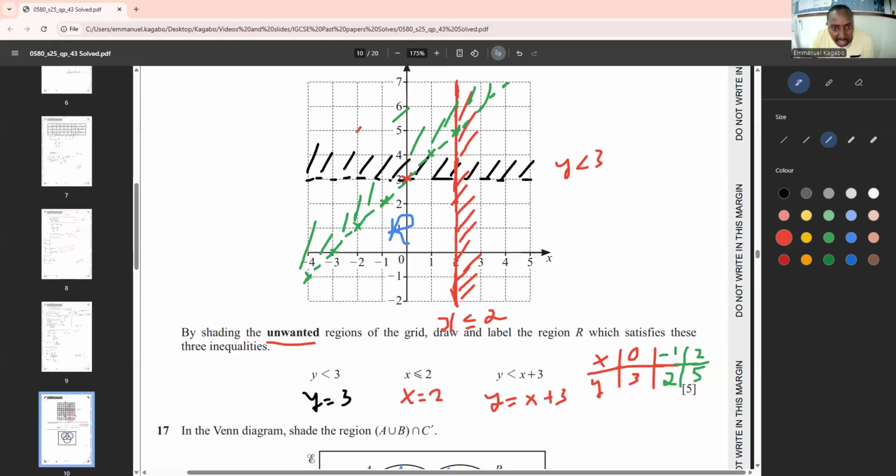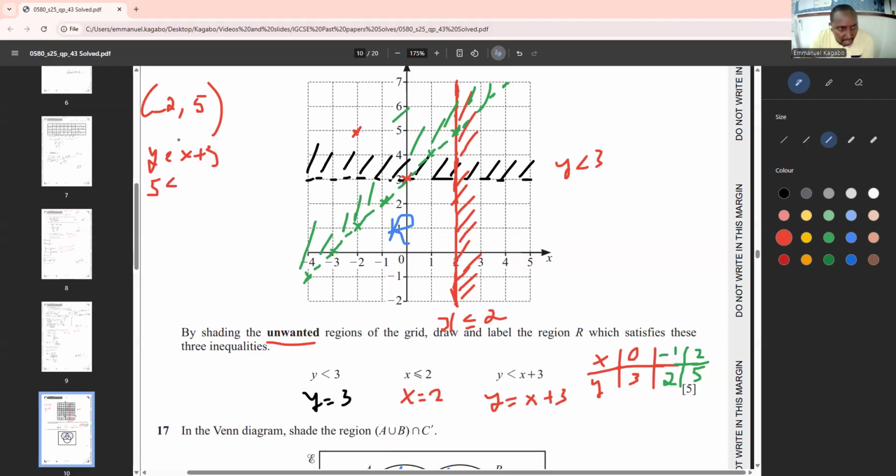Can I choose this point here, guys? If I choose this point, what point is that? That's negative 2, 5, okay? Let me put it in my question and see. They told us y is less than x plus 3. Now, y is 5, okay?